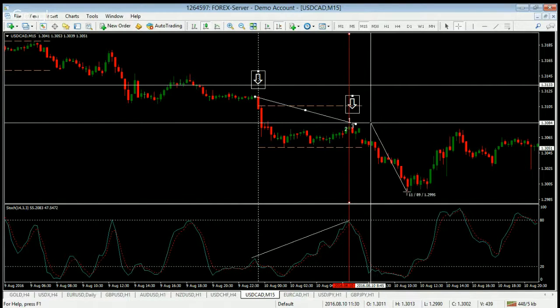And I think this low was 90 pips, but you just took 50. So you did 50 pips here, maybe you held on to 60.